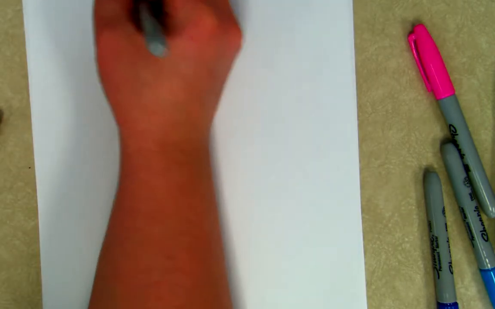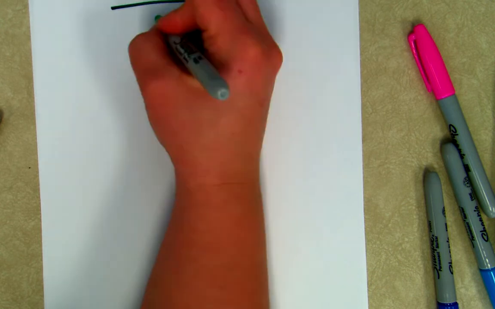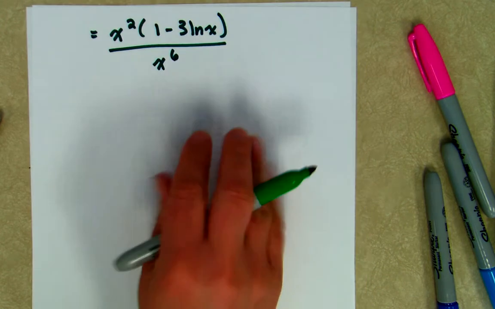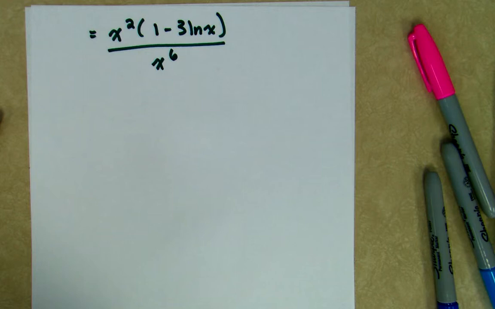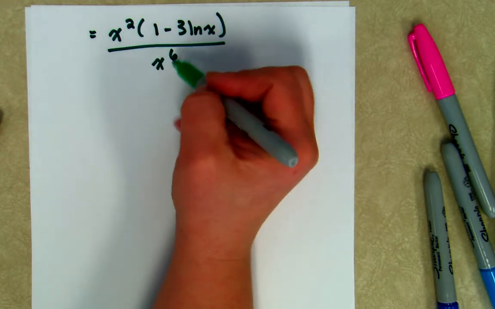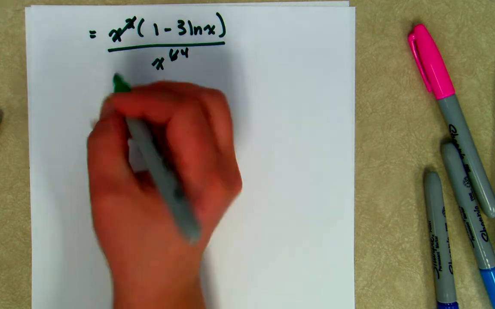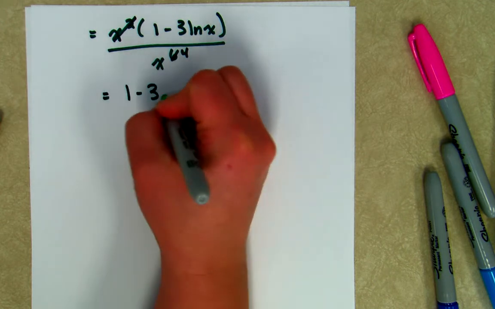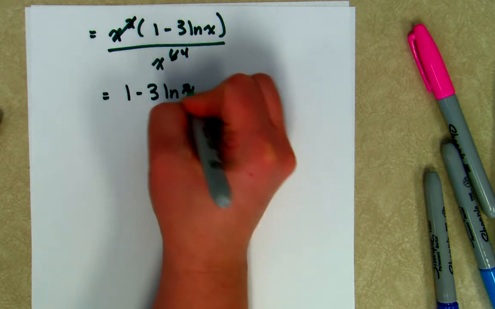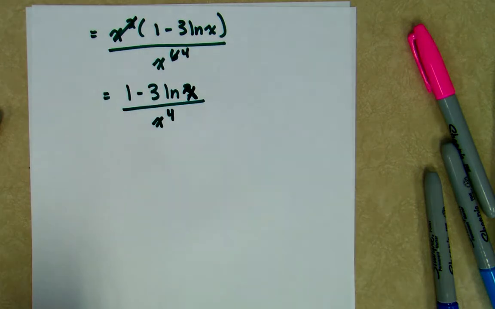So I get x squared times (1 minus 3 ln x), all over x to the 6. So all I did there was common factor out an x squared. And now because I have x squared on top and x to the 6 on the bottom, I can divide. Dividing, you subtract exponents. So my final answer is (1 minus 3 ln x) over x to the 4.